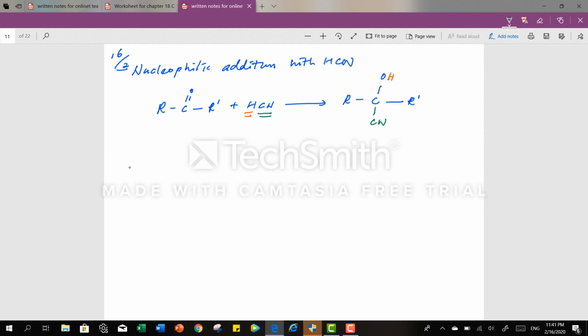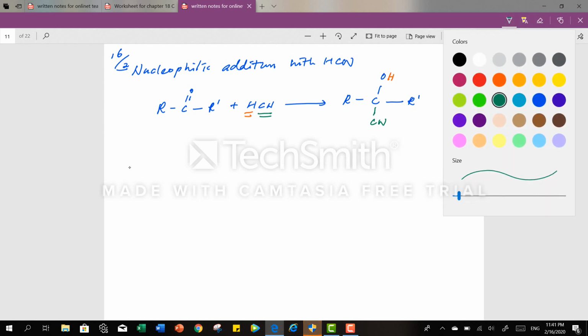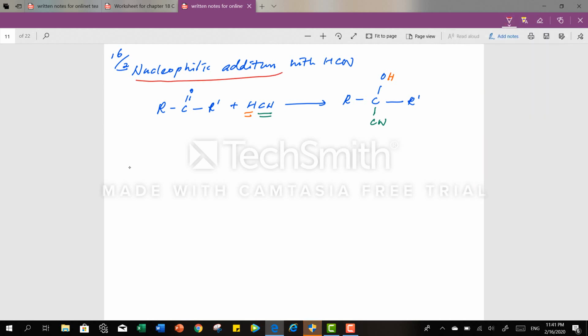Then last time we talked about the mechanism. Do you remember how to draw the mechanism? For the mechanism, the reaction has two steps. The first step will be like that. Since this is a polar bond, it bears a partial negative, and this bears a partial positive.